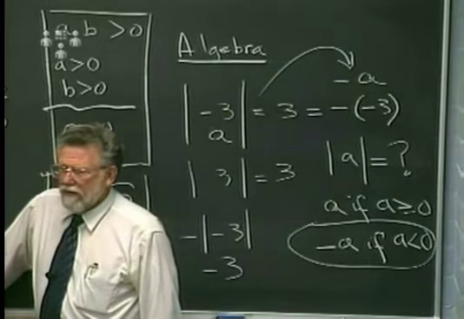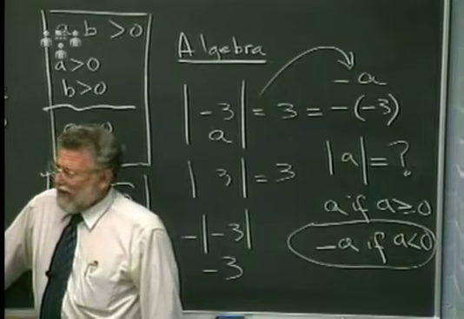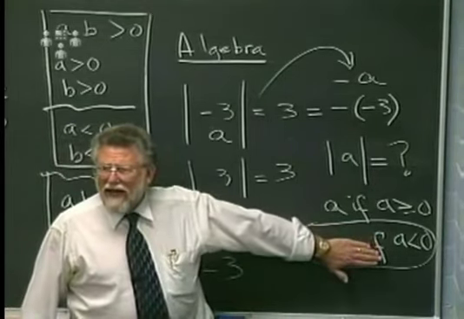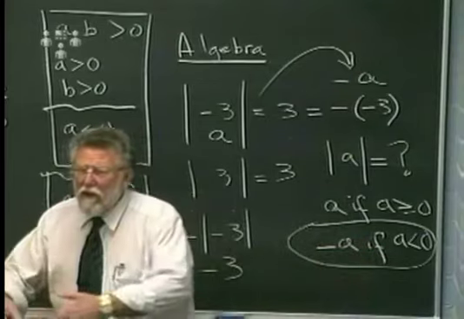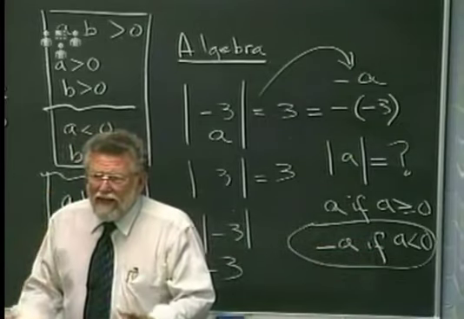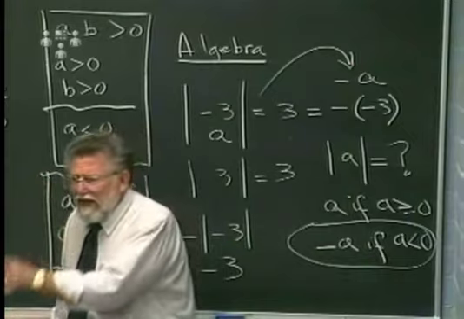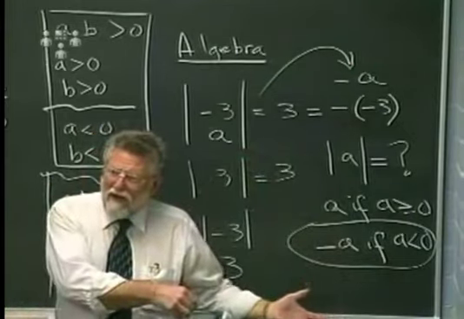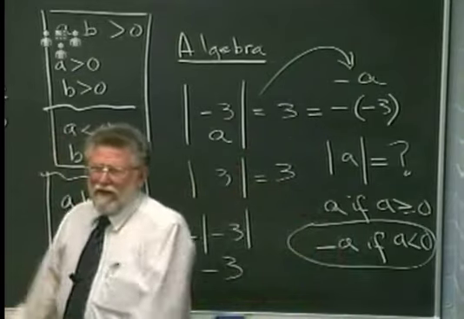When I say a is less than 0, a is a negative number. It represents a minus 2. It represents a minus 3. The symbol represents a negative number. So when you take the additive inverse of a negative number, it must become positive.